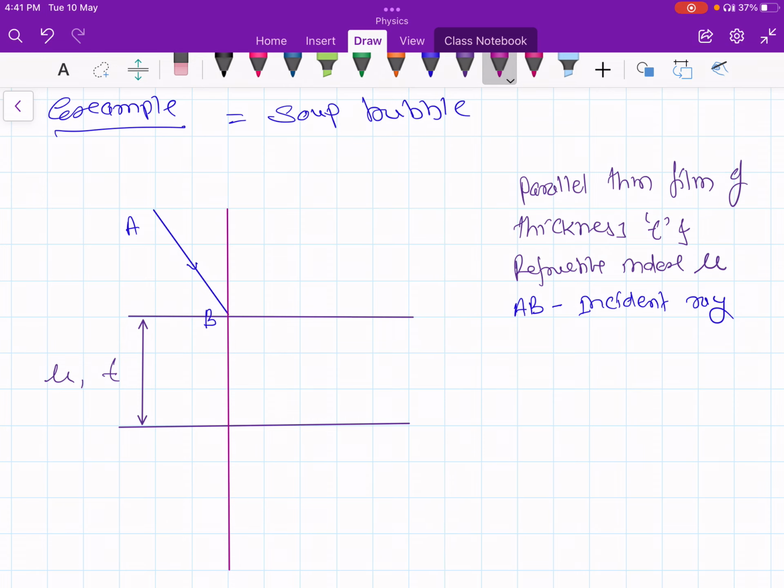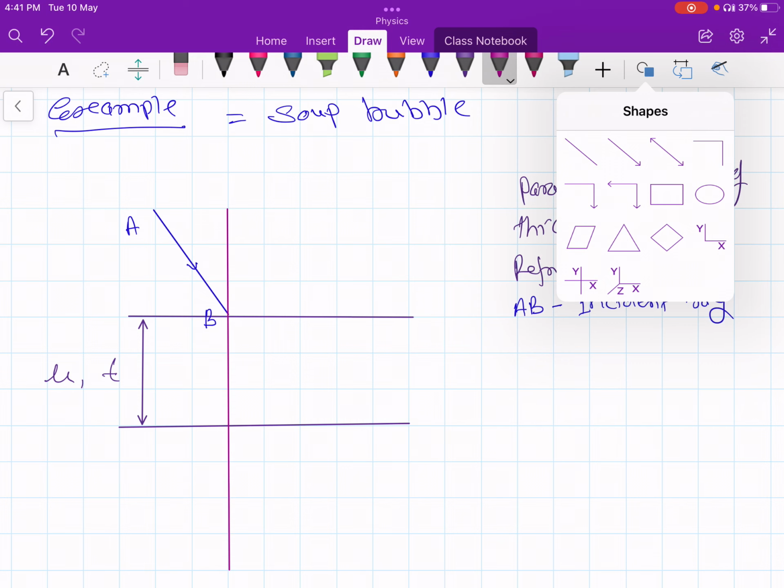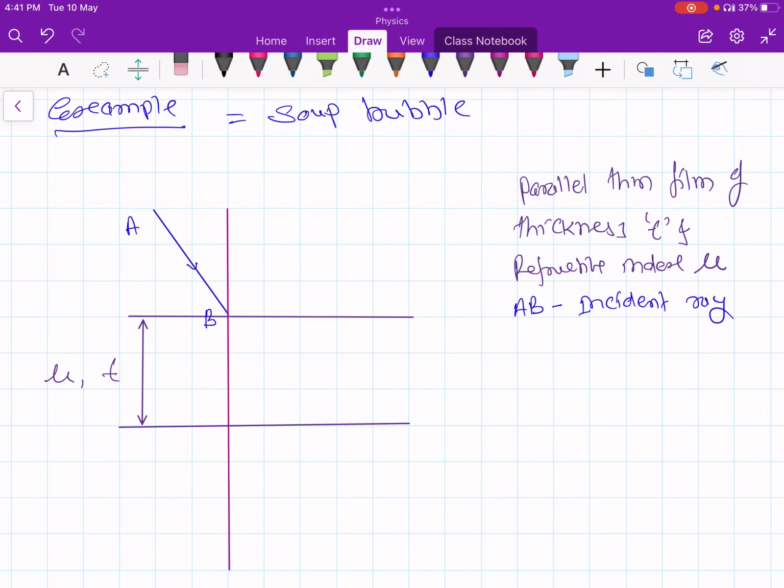Then what happens at point B? AB is the incident ray. That ray is partially reflected and partially transmitted.